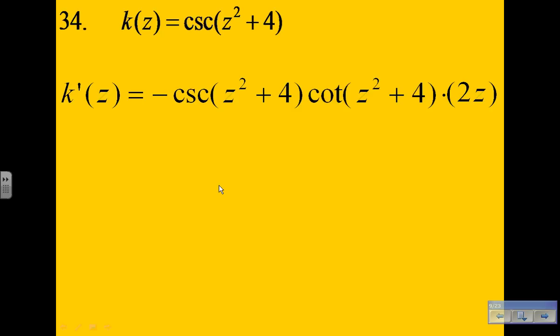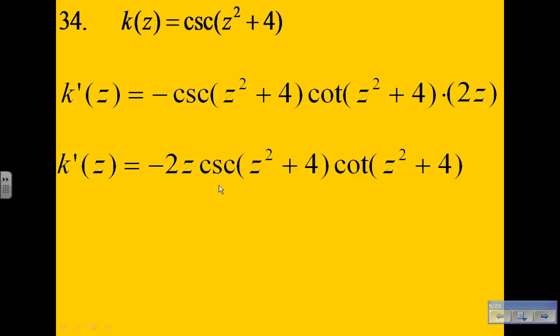Or you can bring the 2z out in front. Sometimes people do that so they don't get confused that that's not supposed to be the angle. Remember, this is an angle theta, and the other one's just a number. So there's a difference. Negative cosecant cotangent, it's not negative cotangent secant. Now you can say negative cotangent cosecant. That's fine.